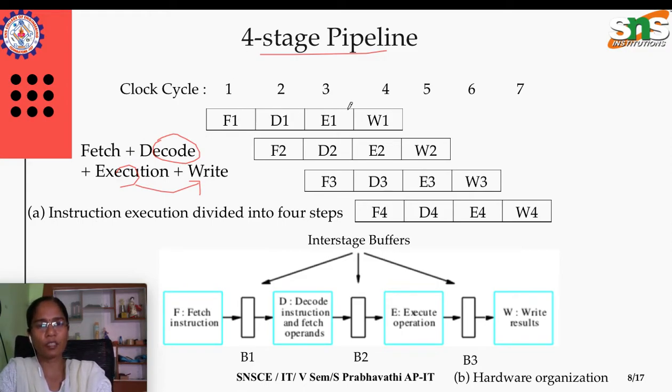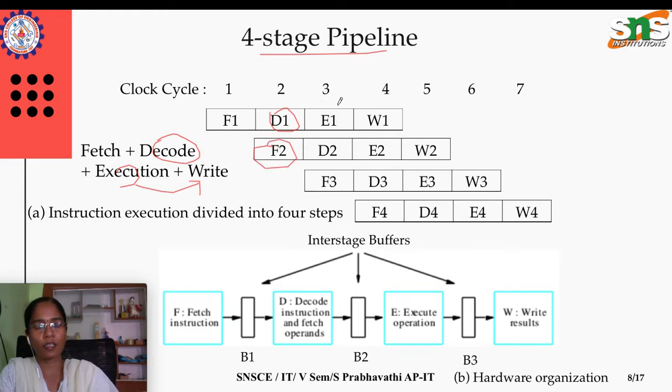In 4-stage pipelining, the instruction execution is divided into 4 steps, like fetching the first instruction at clock cycle 1, and at clock cycle 2 we are decoding instruction 1 and simultaneously fetching instruction 2.